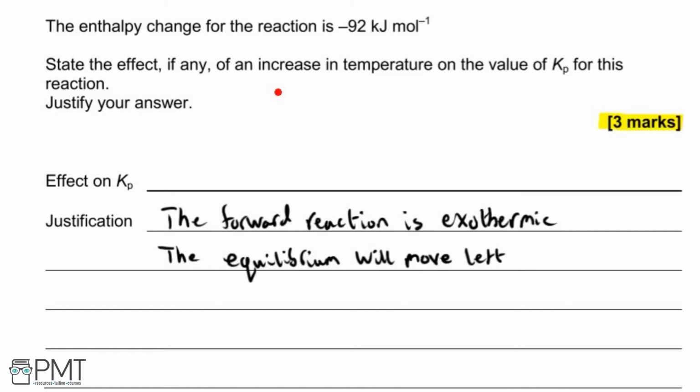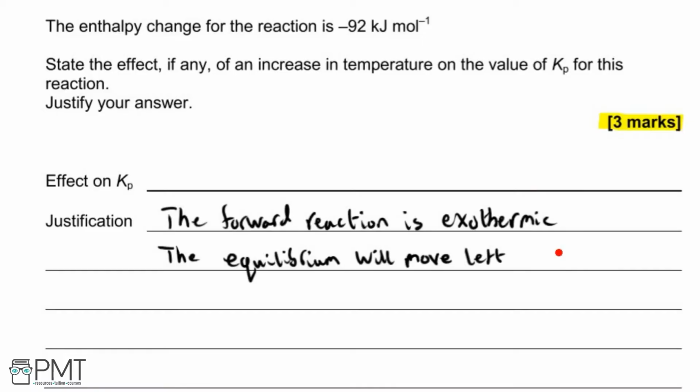And so the equilibrium will shift in favour of the backwards reaction, so it will shift to the left. These first 2 points will represent the first mark for our justification. So that's 1 out of 2 marks for our justification. The third mark is still for the effect on Kp.